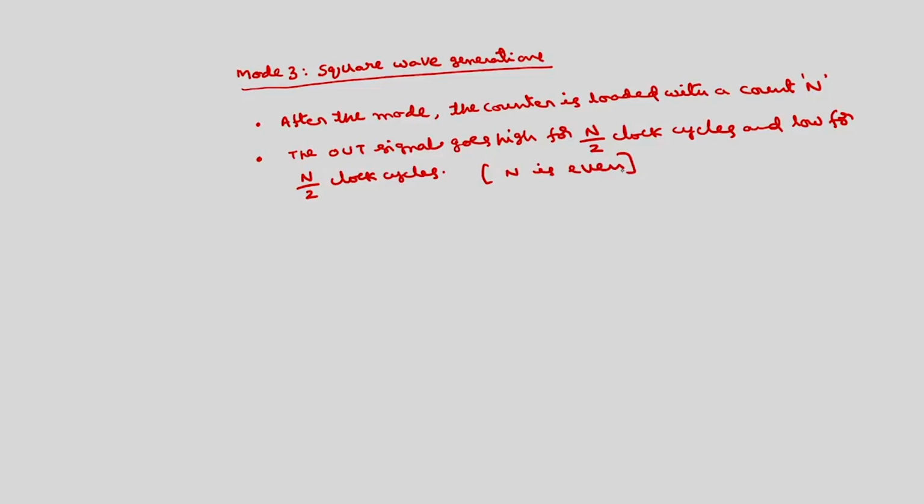This is the case if n is even. N can be odd also. So in case of n odd, the out signal goes high for (n plus 1) by 2 clock cycles, and low for the remaining, which will be (n minus 1) by 2.